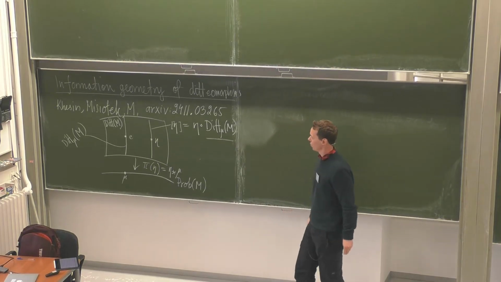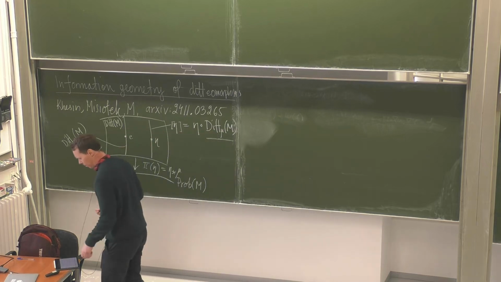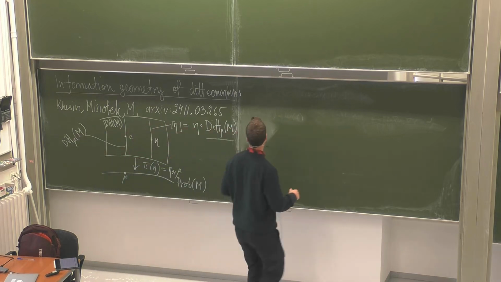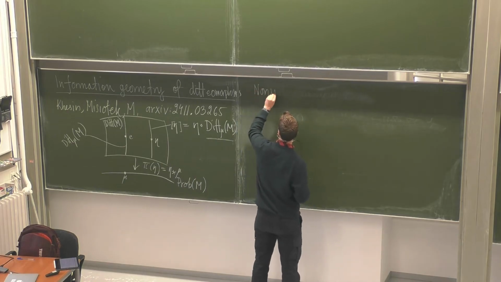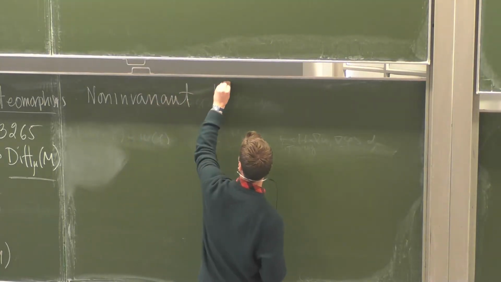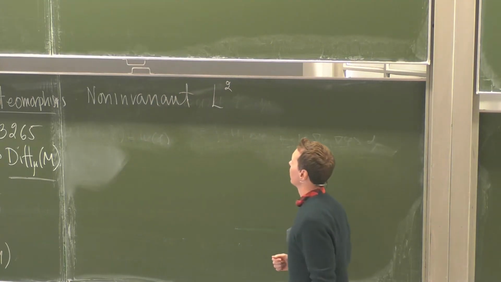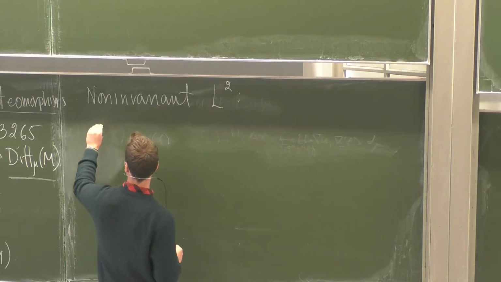It's the natural one from the point of view of physics, of particles moving on the manifold M. And it's the following, sometimes called the non-invariant L2 metric. Non-fully invariant. It will have invariance properties. And it's given like this.